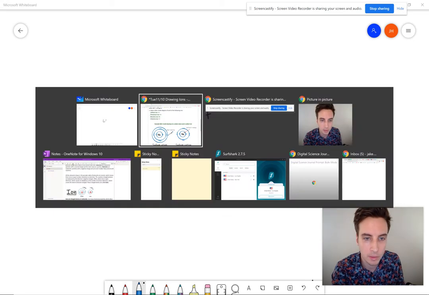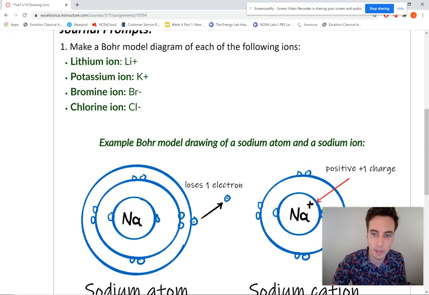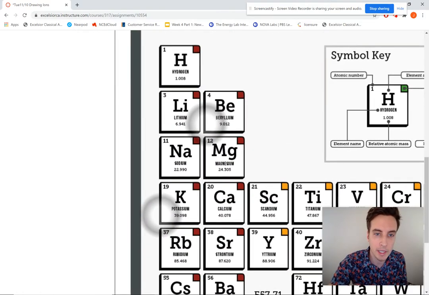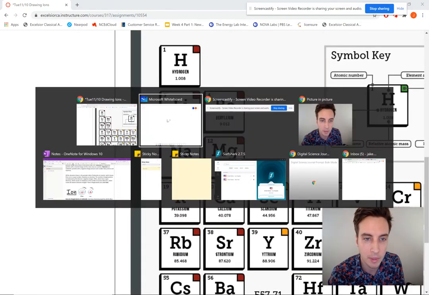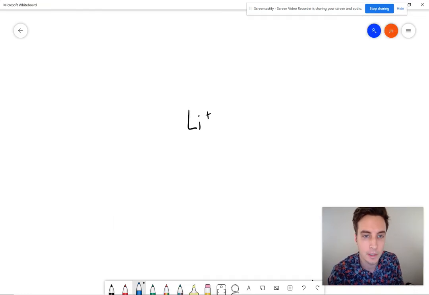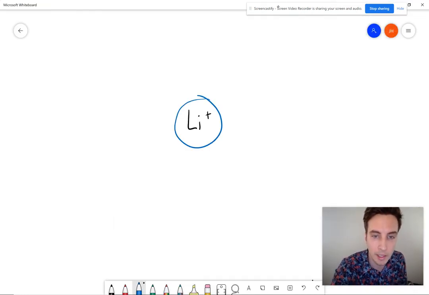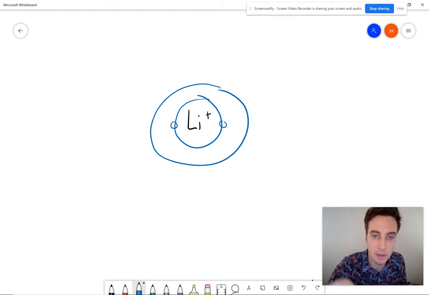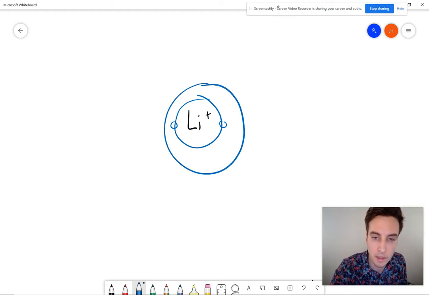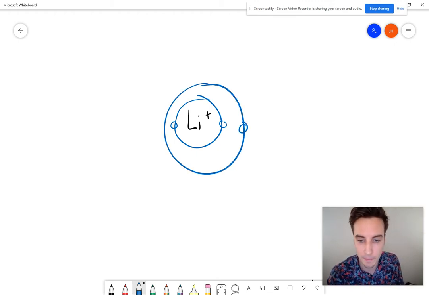Okay, so lithium on the periodic table is number 3, which means it has 3 protons and 3 electrons as a neutral atom. So normally we would draw it like this with our 1, 2, 3 electrons, right?